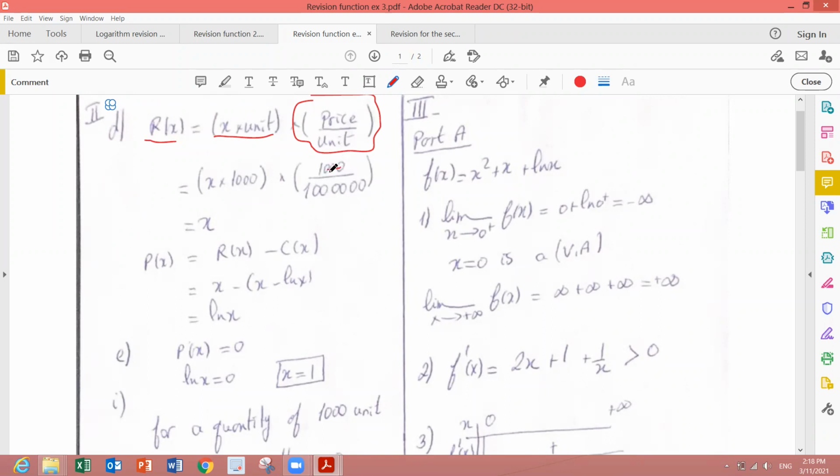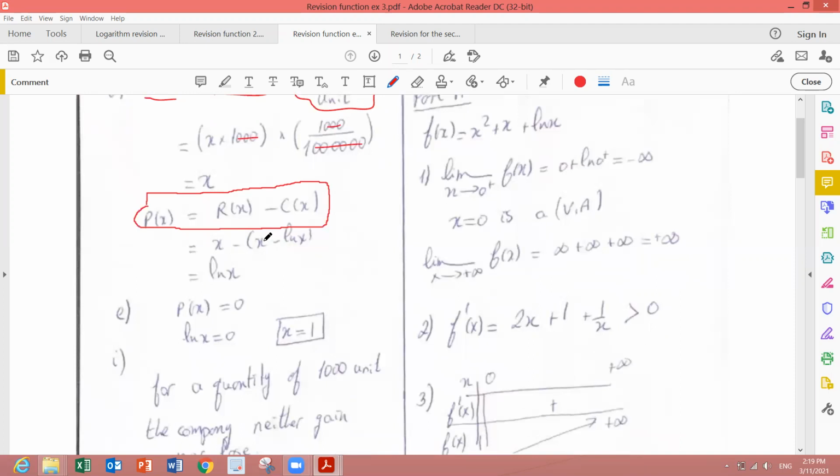So 6 zeros from the numerator are simplified with 6 zeros in the denominator. So R(x) equals x. Now the profit equals revenue minus cost. Revenue is x, the cost is x minus ln x. We get ln x.